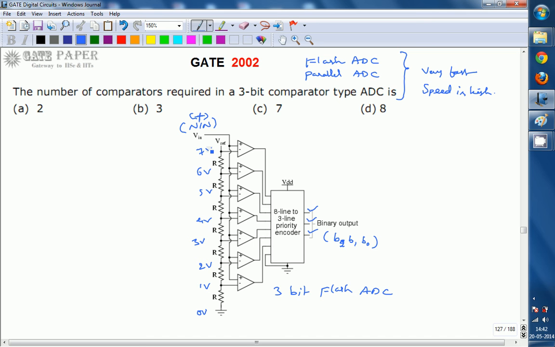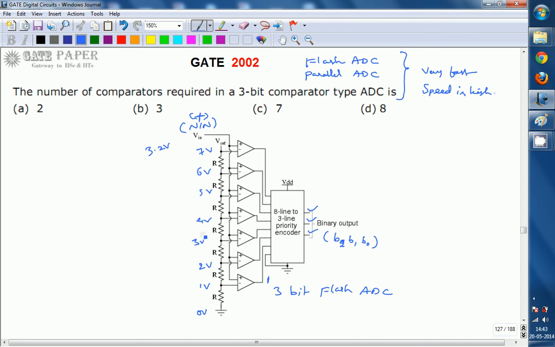For example, take V input equal to 3.2 volts. This 3.2 volts is connected to the non-inverting terminal of every op amp, and the inverting terminals are connected to 1 volt, 2, 3, 4, 5, 6, 7 volts according to the reference voltage. For the bottom comparator, 3.2 volts at the non-inverting terminal and 1 volt at the inverting terminal, so the non-inverting terminal dominates and you get logic 1.